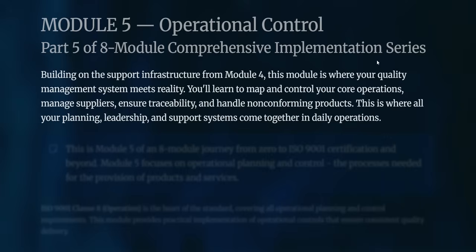So here you will learn to map and control your core operations with this Module 5. You will also learn how to manage suppliers, and you will learn how to ensure traceability effectively without any gaps. And then you will learn how to handle non-conforming products, because this Module 5 operational control is where all the planning that we've done in previous modules, including planning, leadership, and support system, will come together in daily operations.